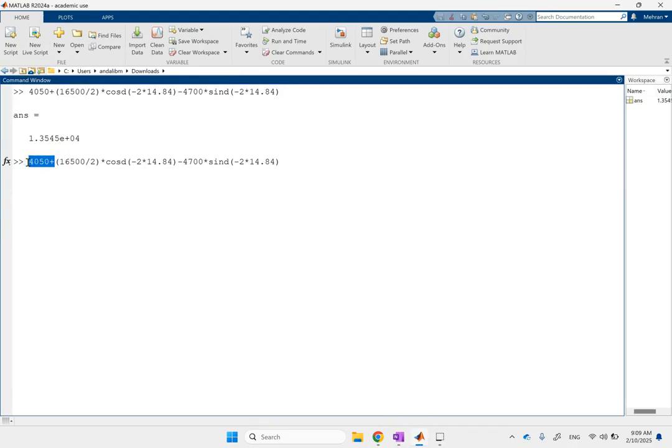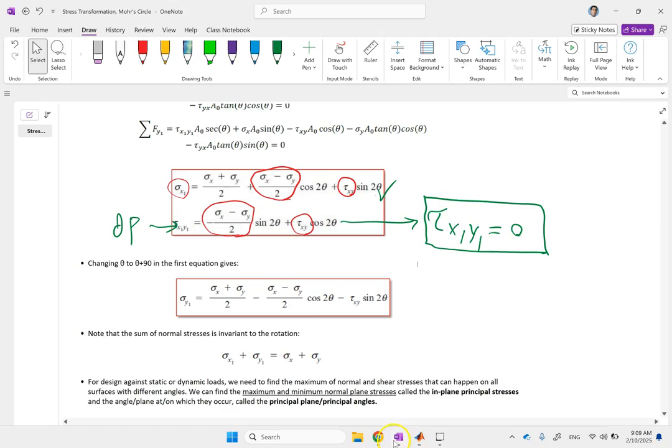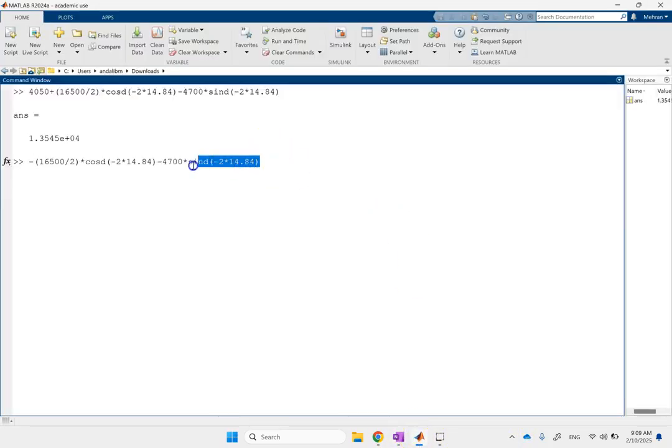This one is going to be with the negative sign, right? Remember, and sine 2 theta. So we take this, or change this to sine 2 theta. And then plus tau xy times cosine 2 theta. And if you look at the number, it's 1.65.